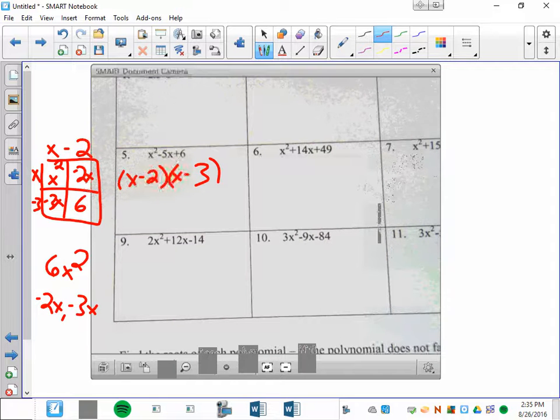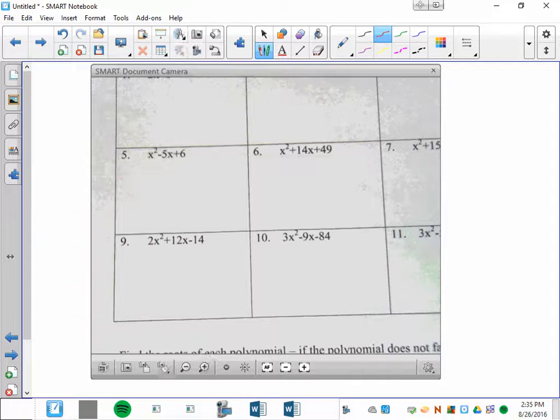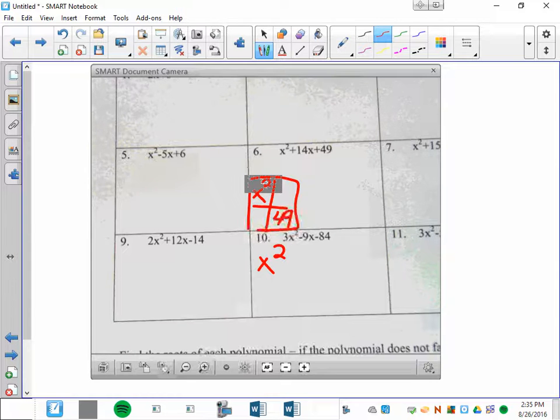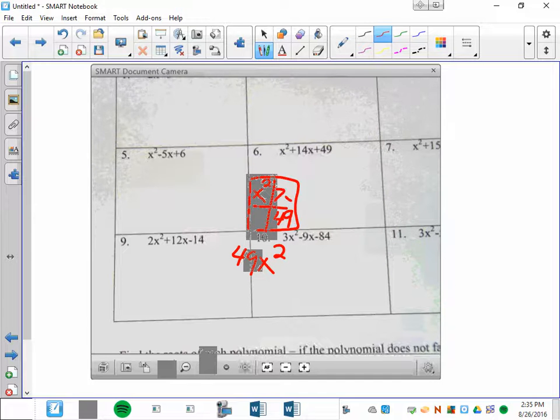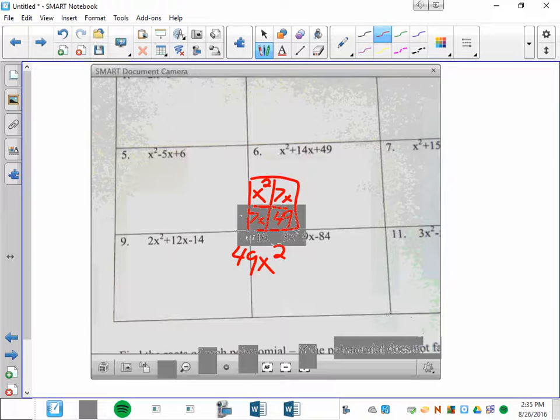All right. Number 6. We build the box. X squared and 49. Multiply those together, 49x squared. Are there factors of 49 that add to be 14? 7 and 7. So 7x and 7x. Now, do I really need to multiply the x squared and the 49 in order to solve that?